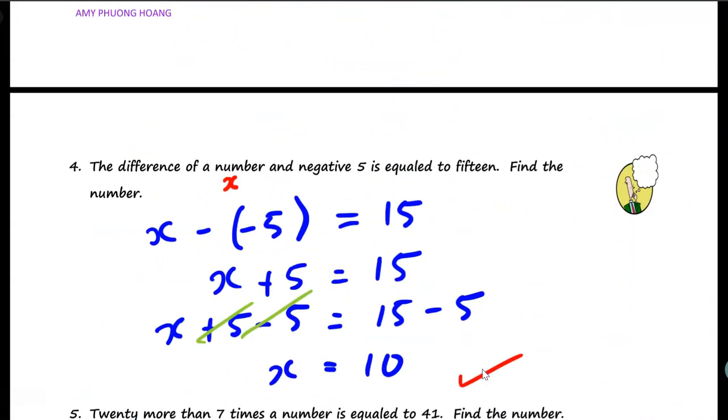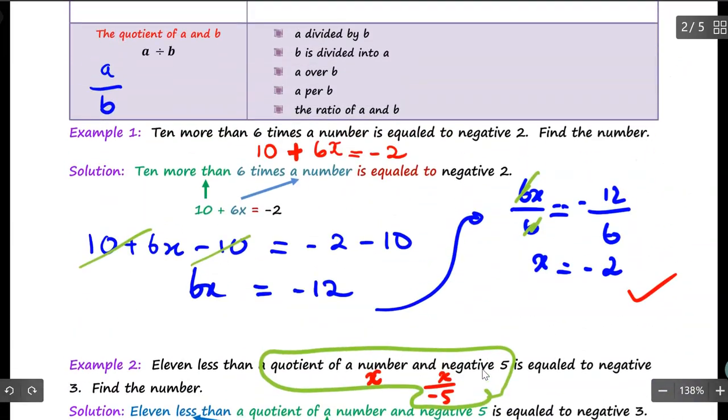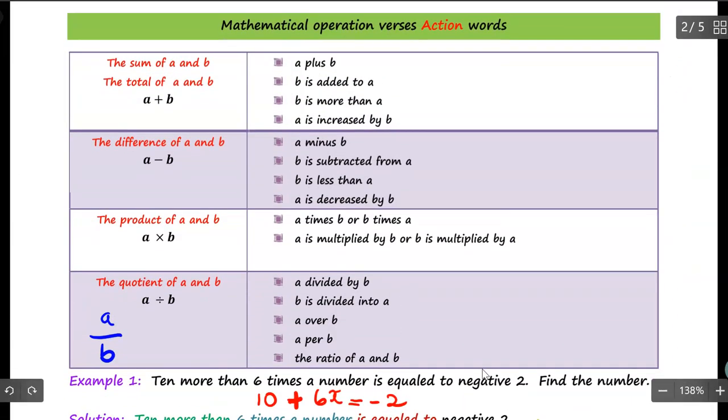So the main concern for this lesson is to make sure that we understand all these different types of sentences expressing the difference, the product, and the quotient.